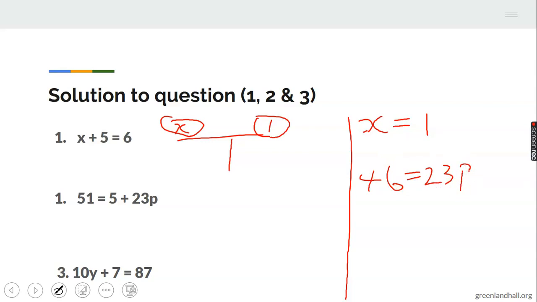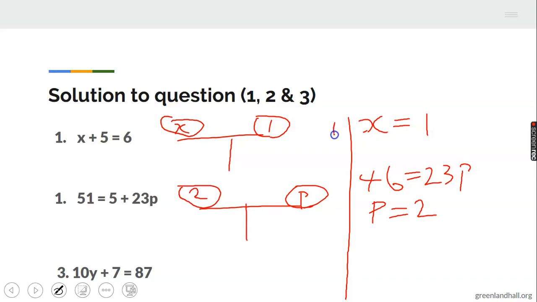Now, divide both sides by 23. That will give you p equals 2. So this is 2, then this is p. Either way around, p can be here, 2 can be there, it does not really matter. This is question 1. This is question 2.